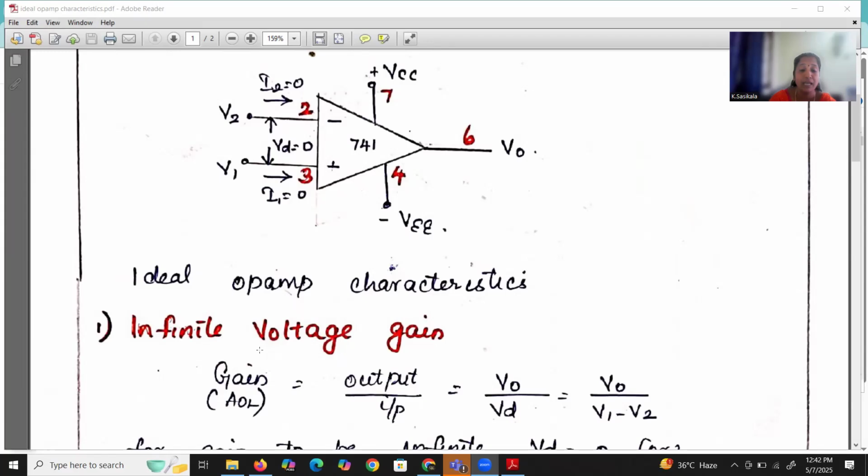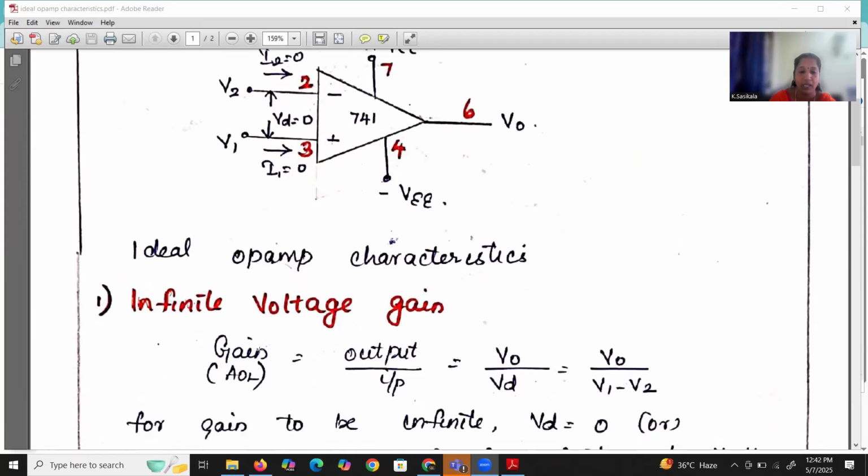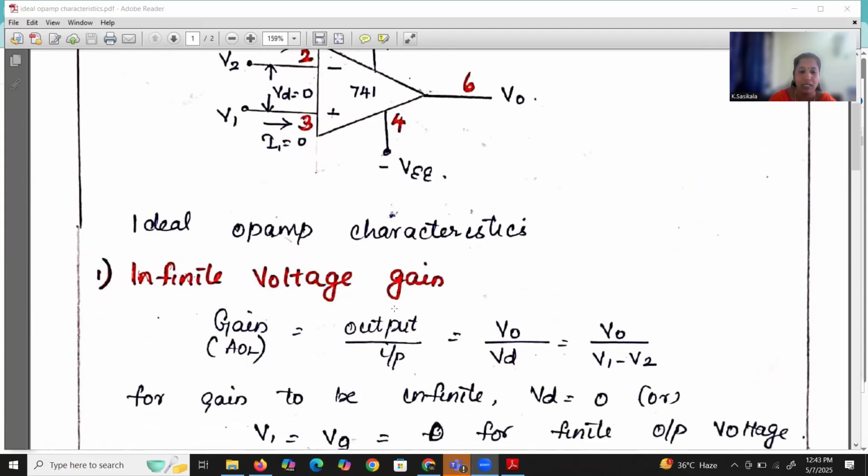The first one is the infinite voltage gain. As we know, gain is defined as the output by input. Here the output is V0 and the input is Vd, the differential voltage, which is V1 minus V2, that is the voltage at the non-inverting terminal minus the voltage at the inverting terminal.